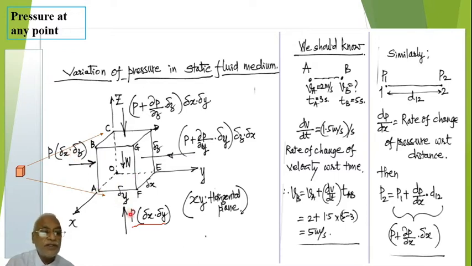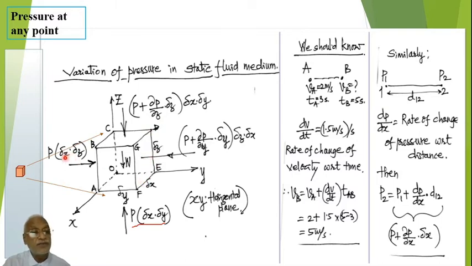More interesting thing is this: if this pressure is P, then at a distance of delta Z, what would be the pressure? Or in the X direction, if P is the pressure on the face OABC, then what would be the pressure on EFGH? Now, what is the pressure on this face?